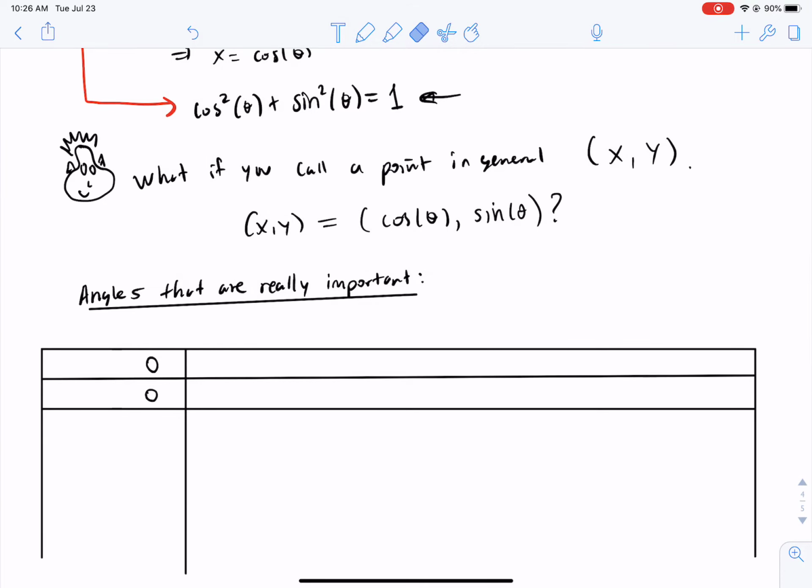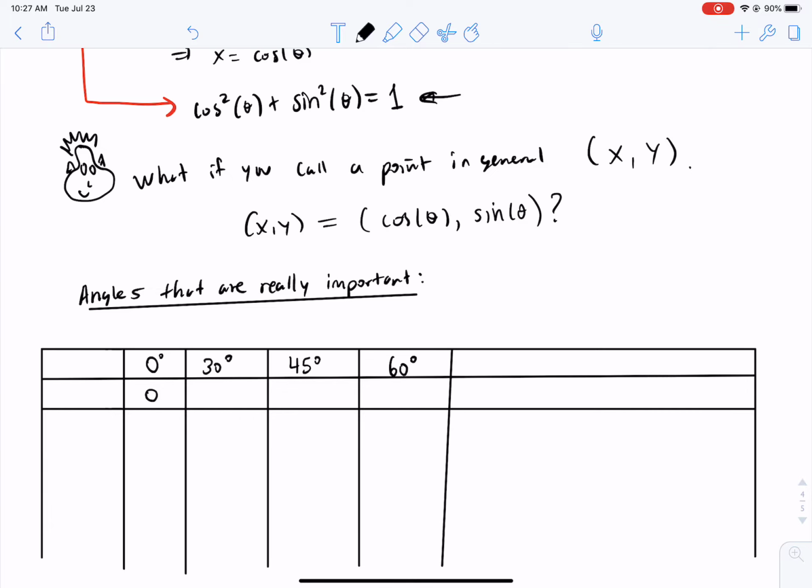Let me see. If you remember what they were, so let's see, 0. The next one was 30 degrees, right? 30, yeah. So these in degrees, 30 degrees. Then 45 degrees, right? Then 60 degrees. 90 degrees. Then 180 degrees, 270, right?